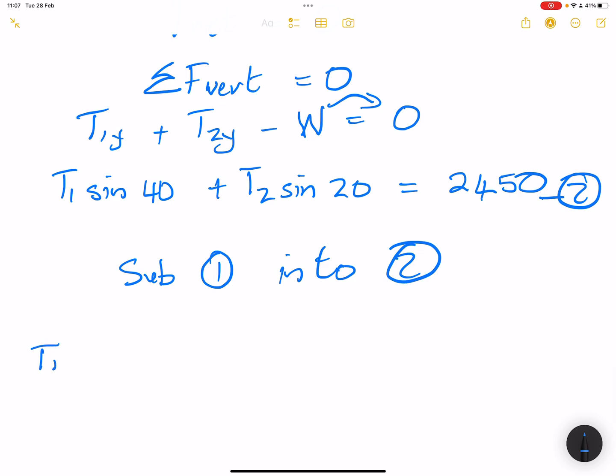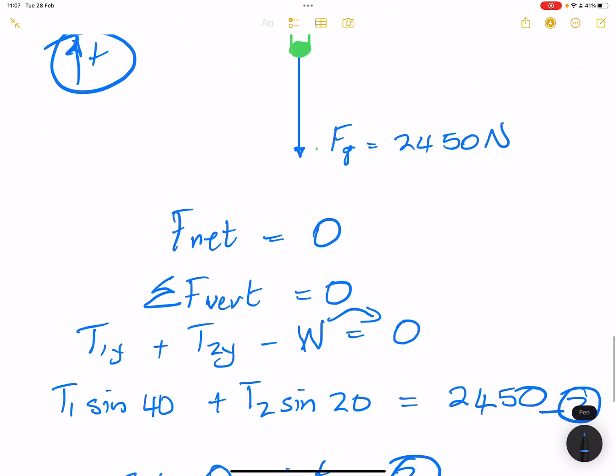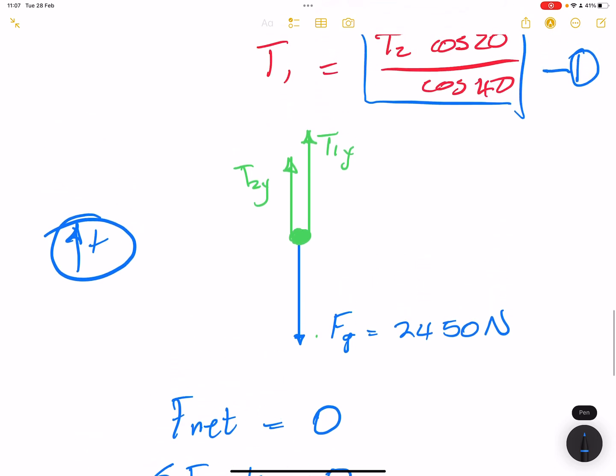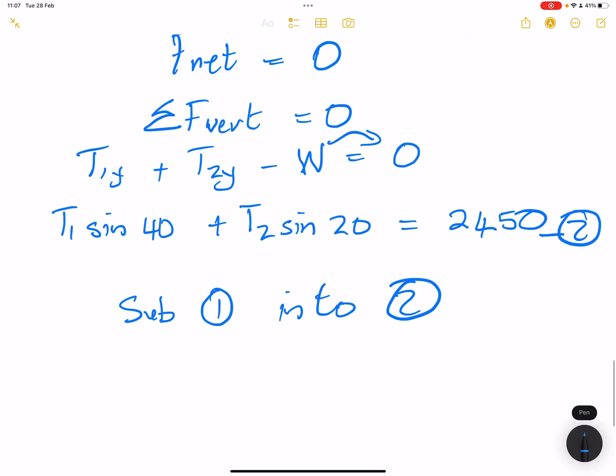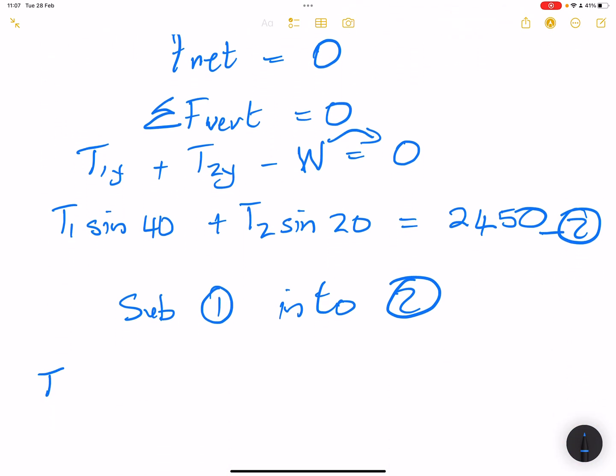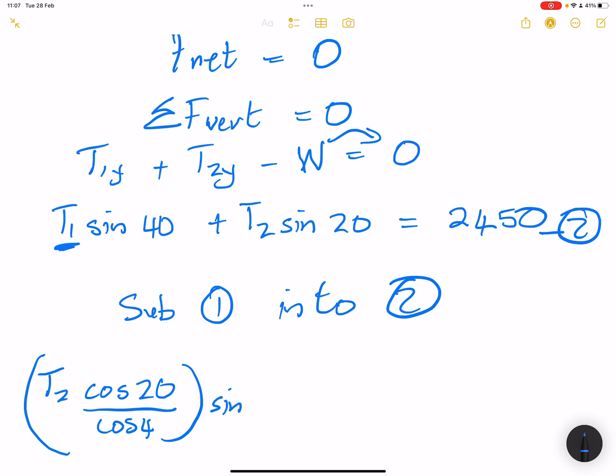So remember we said T1 is T2 cos 20 over cos 40. So this is going to be T2 cos 20 over cos 40. We are substituting that for T1 there. But remember, it's multiplied by the sine of 40.